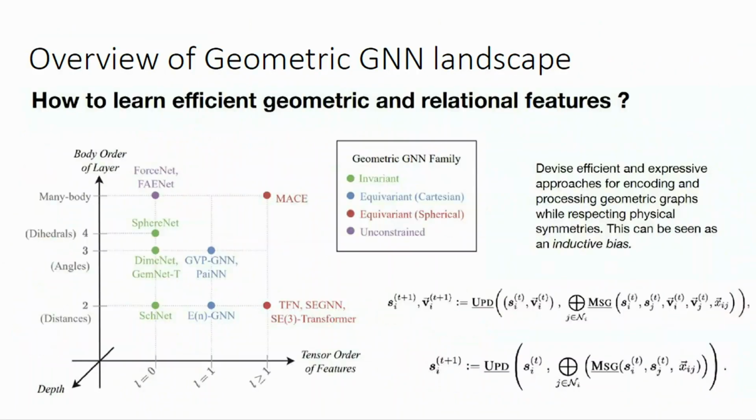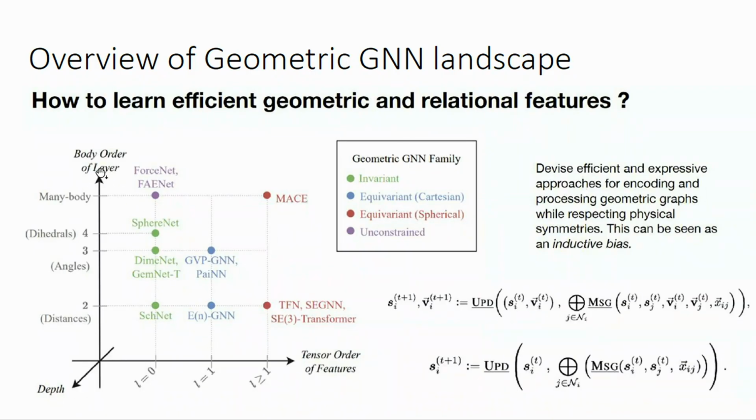All right, so to be more specific, if you map these methods in this kind of 3D or 2D landscape, a lot of the time it's about what kind of tensor you use. Is it a Cartesian space tensor or a spherical tensor? And what kind of invariance or equivariance the architecture is able to carry.